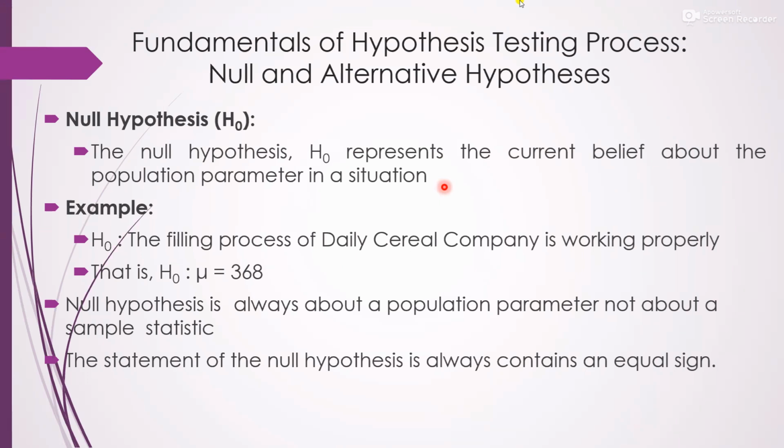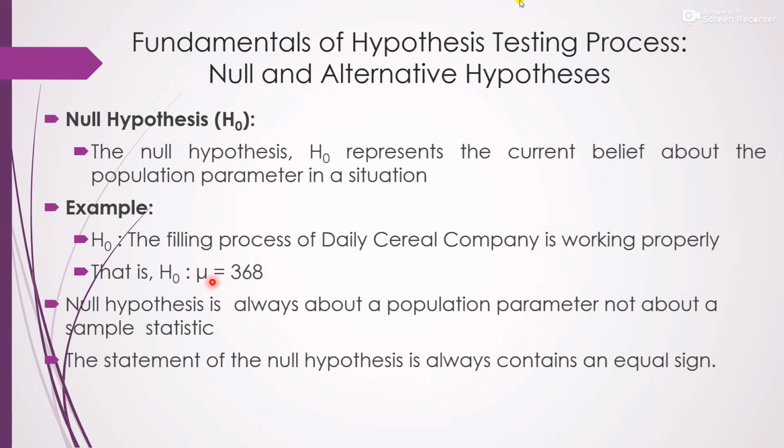But based on sample results, if the null hypothesis is rejected, that means we decide that this statement is false. Under hypothesis testing, two decisions we can make: either our statement about the situation is true, or the situation is false.